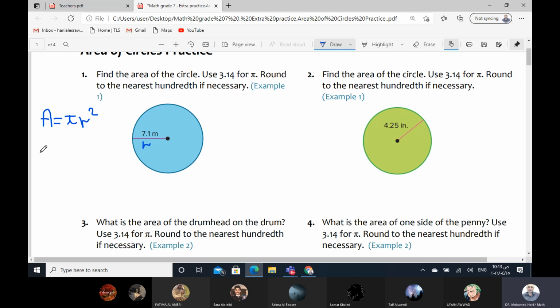Now substitution: A equals the value of pi, which is 3.14, times the value of r, which is 7.1, squared.